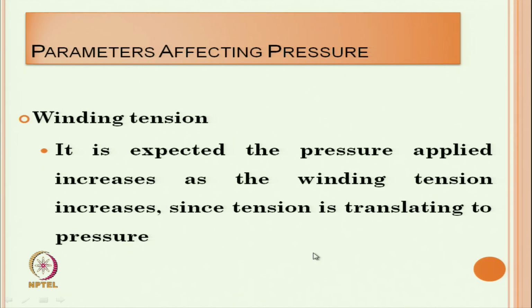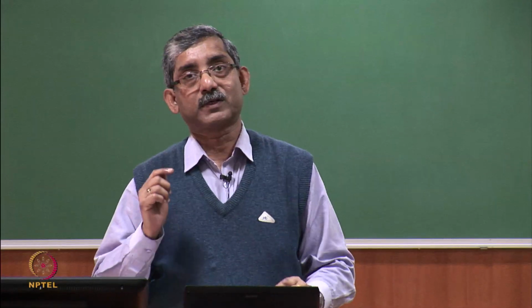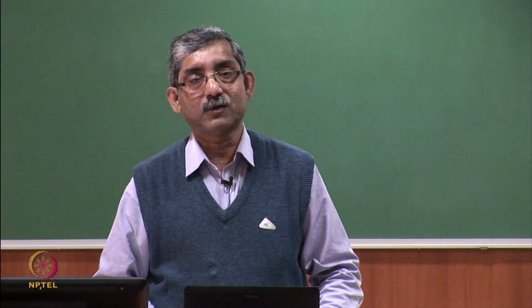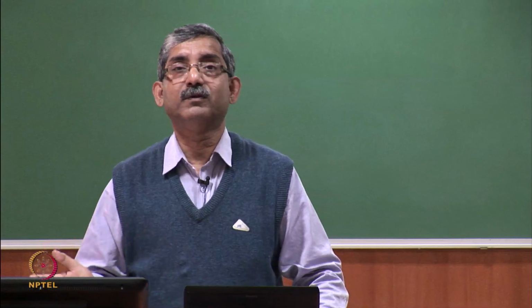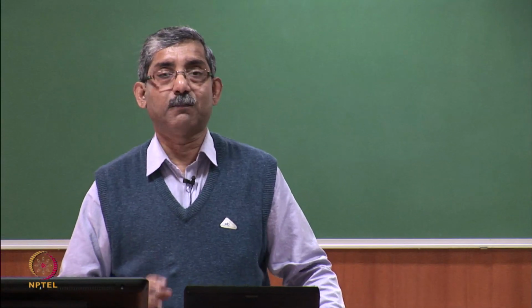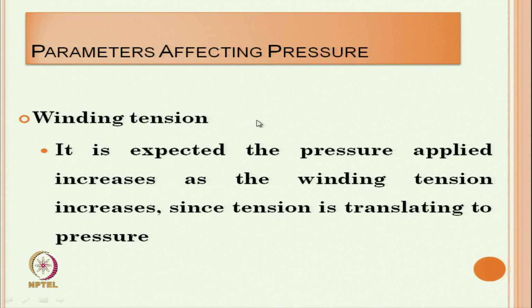Now, to increase the effectiveness of the compression bandage, we must know the different parameters which affect the compression pressure as well as the retention of the pressure which has been applied. So, the parameters are, first, the winding tension.